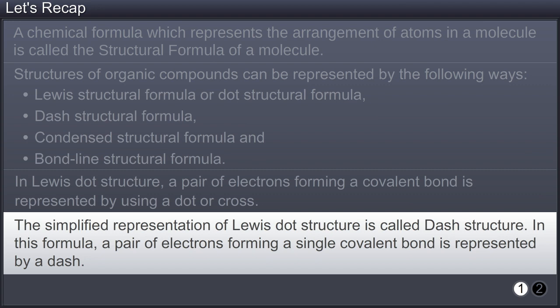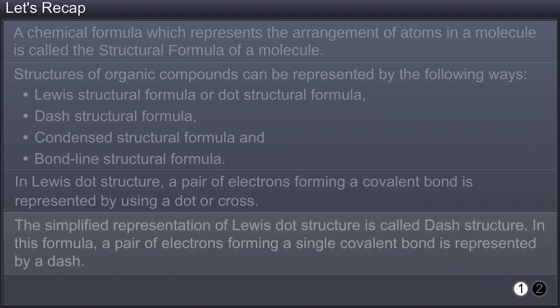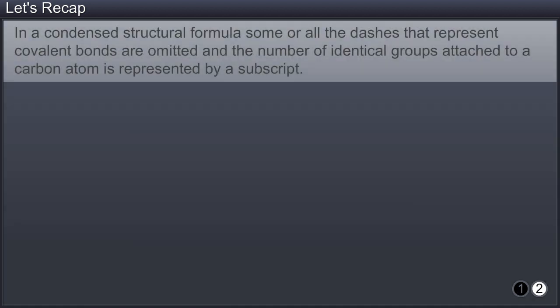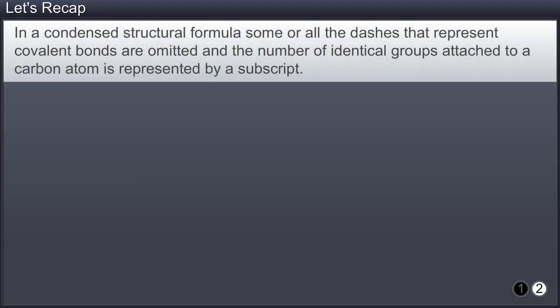In this formula, a pair of electrons forming a single covalent bond is represented by a dash. In a condensed structural formula, some or all of the dashes that represent covalent bonds are omitted, and the number of identical groups attached to a carbon atom is represented by a subscript.